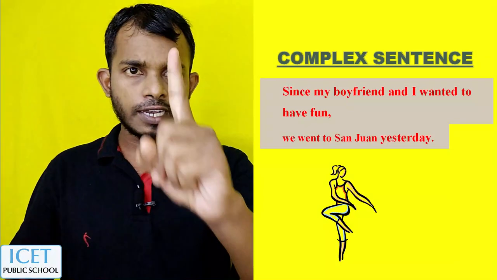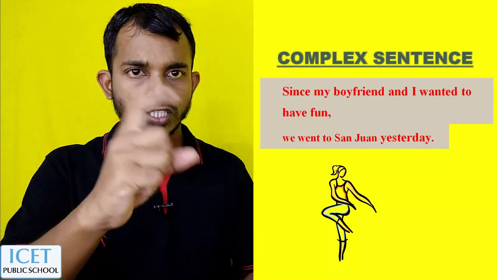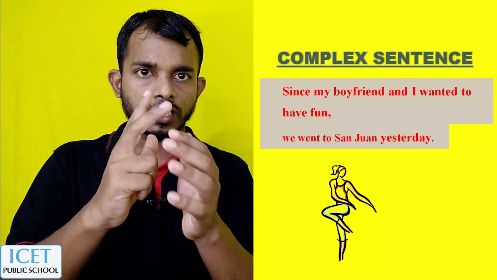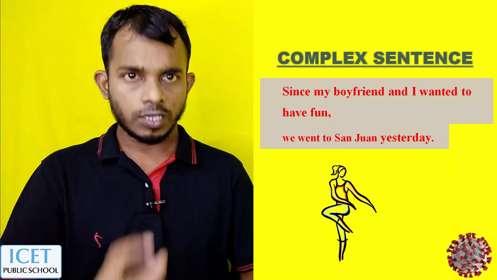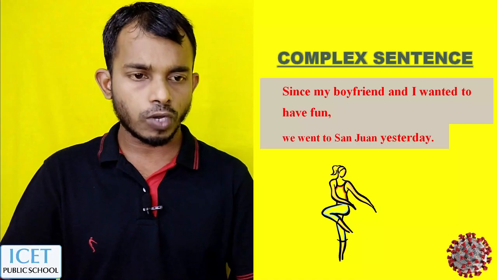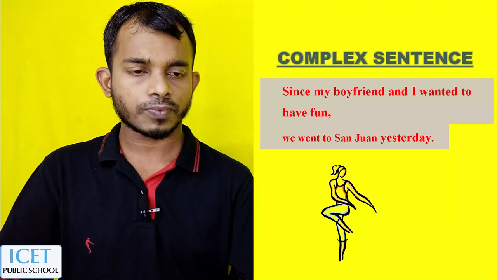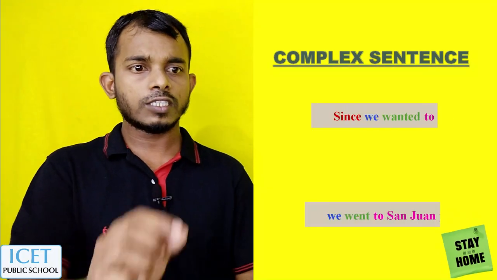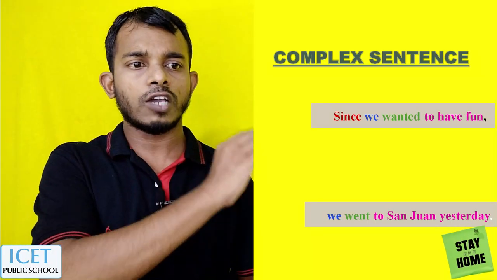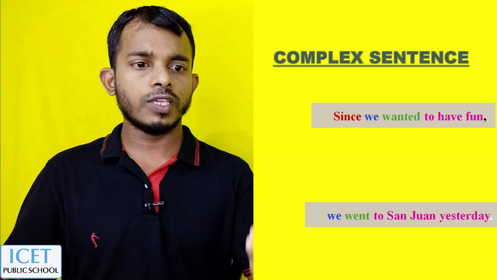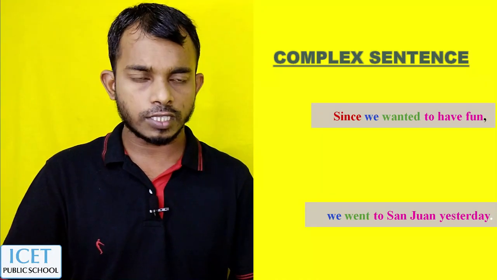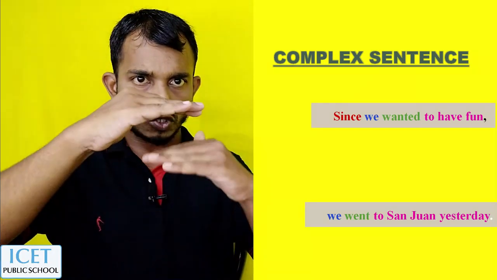One clause will stand alone, the other clause will not, and both of them can be connected with a subordinating conjunction. So what are they? We can look at that. "Since we wanted to have fun" is the one. The next clause, "we went to San Juan yesterday," is the other. These are the two clauses.